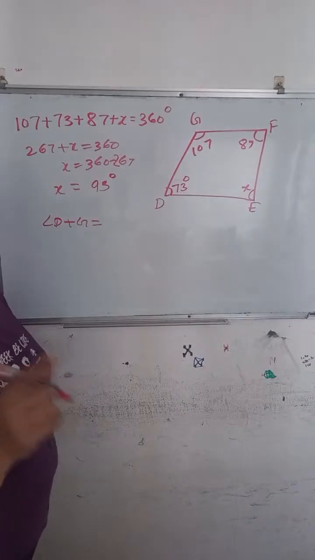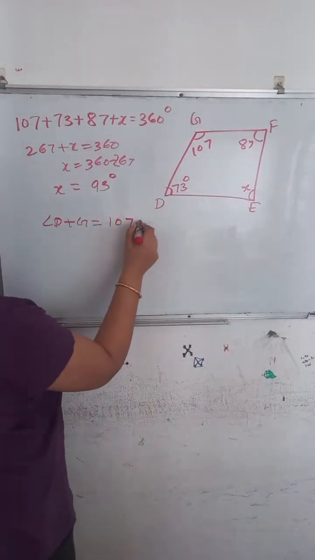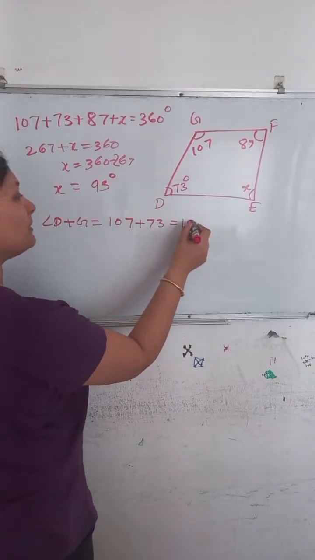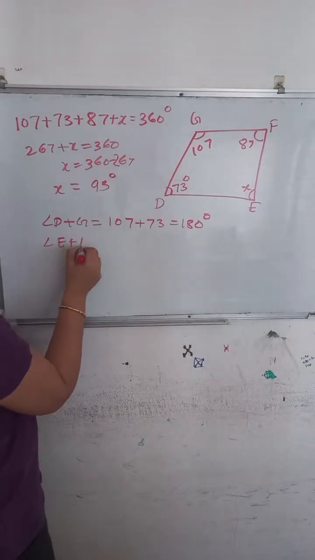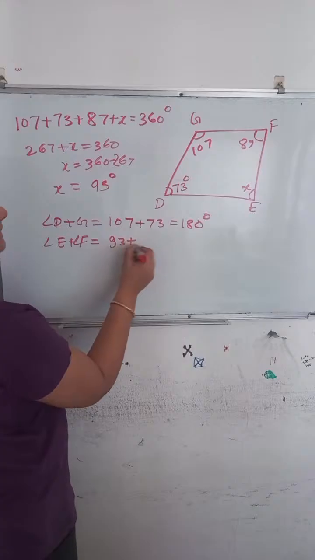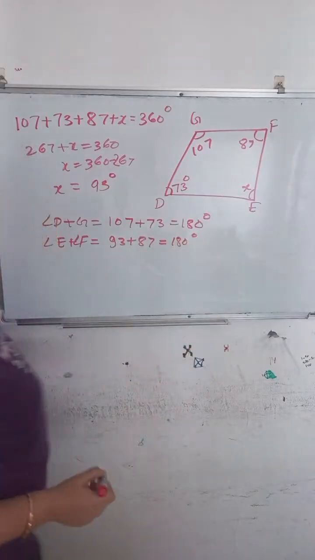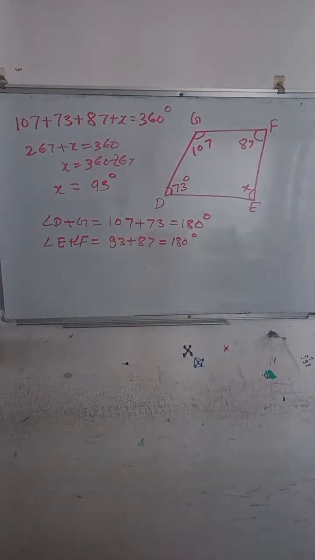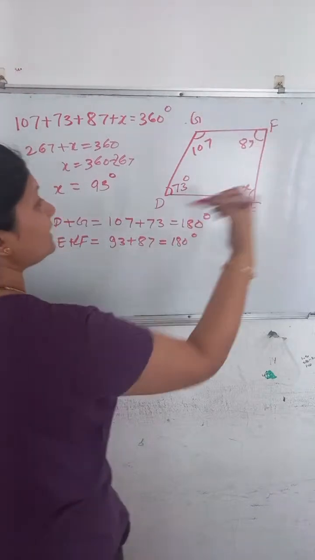Then only we can say this is a trapezium. 107 plus 73 is 180 degrees. And angle E plus angle F, 93 plus 87, is also 180. So in both cases, G and D sum is 180 and F and E is also 180.